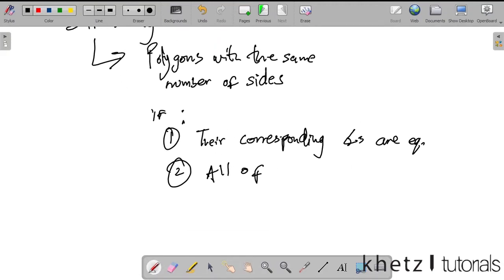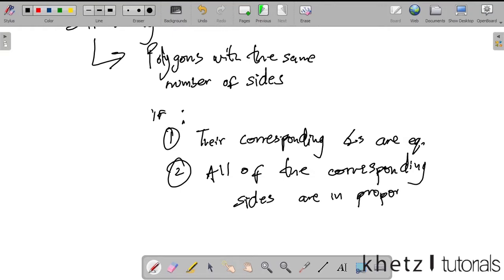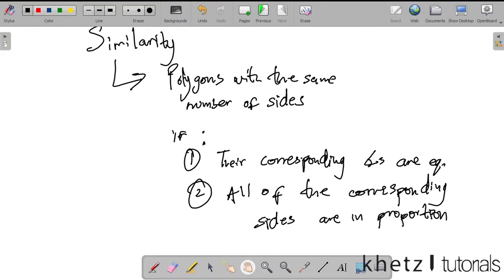So they're similar if their corresponding angles are equal and all of the corresponding sides are in proportion. All right, so these are the conditions for us to say that two polygons are similar.